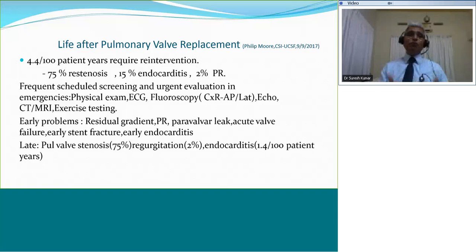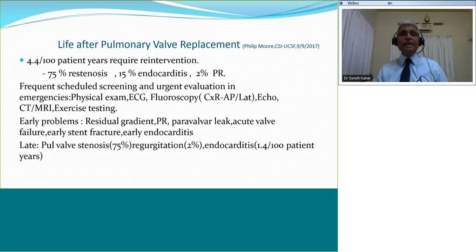And the screening would involve a physical examination, ECG, a fluoroscopy, if not fluoroscopy, a chest X-ray in both AP and lateral views, echo, CT or MRI, and exercise testing. This is not to suggest that you need to do all of these in all the occasions.